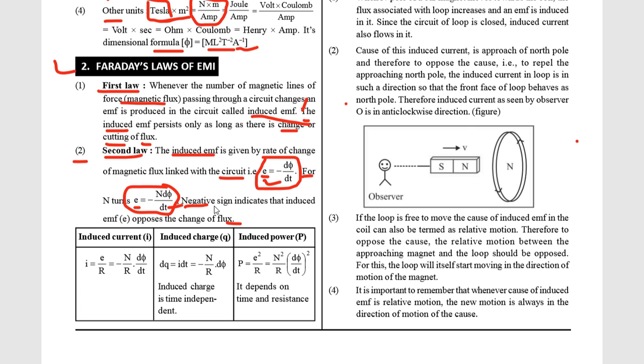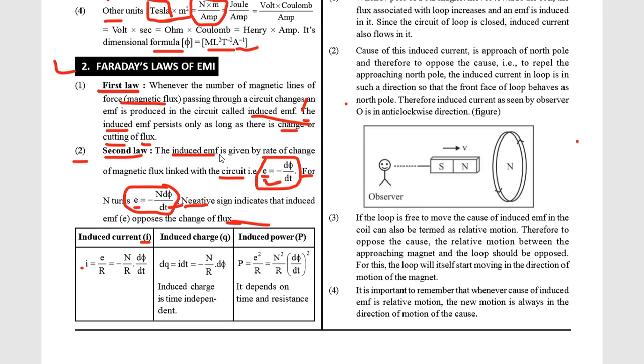The negative sign indicates that the induced EMF E opposes the change of flux. So this is the importance of the negative sign. Now you can see here the induced current I is equal to E upon R. Since we know that I is equal to V upon R, but here V, the potential difference, is replaced by the induced EMF.